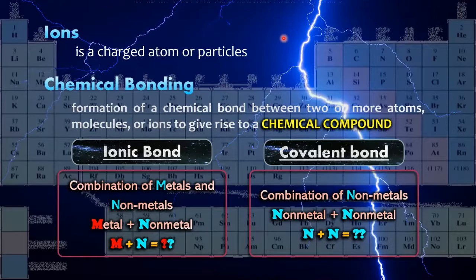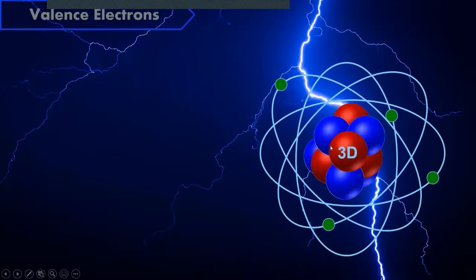If it's non-metal plus another non-metal, there is no transfer of electrons, only sharing of electrons. That's why, take note, covalent compounds do not conduct electricity. Only ionic compounds do.